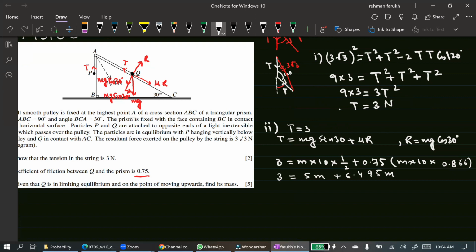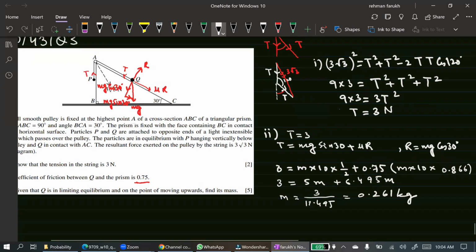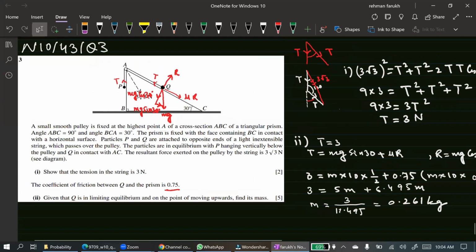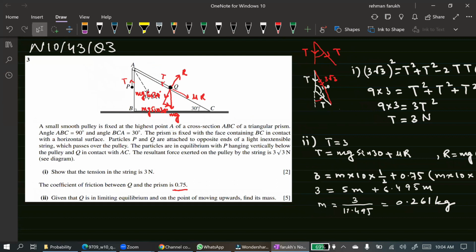From this equation, m is equal to 3 over 11.495 and is equal to 0.261 kg. This one is the answer of part 2. Thank you.